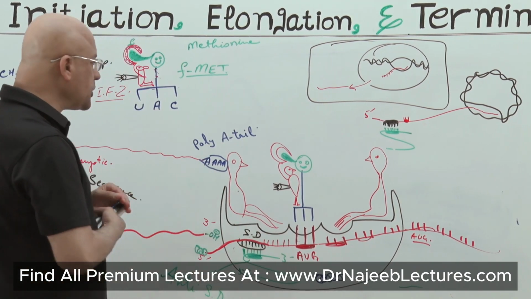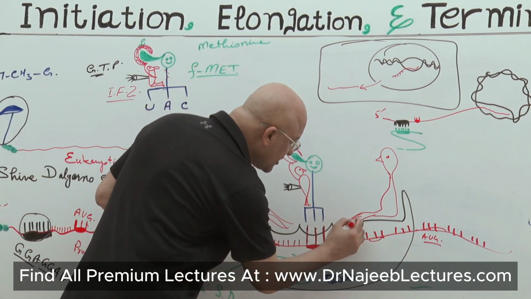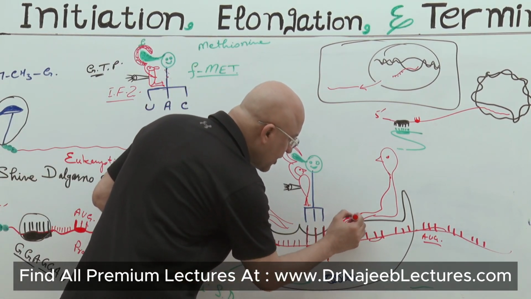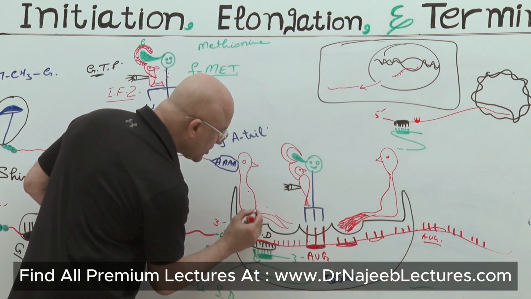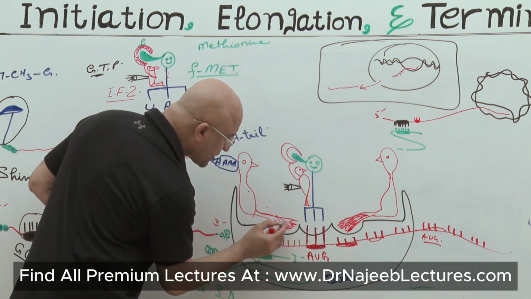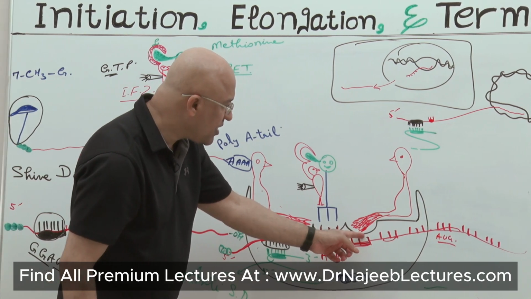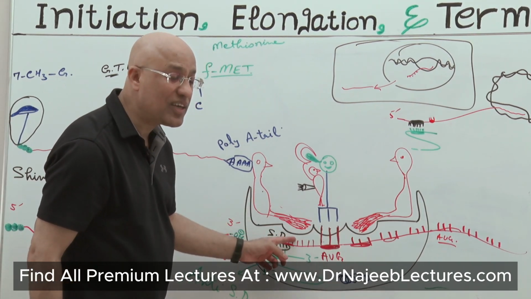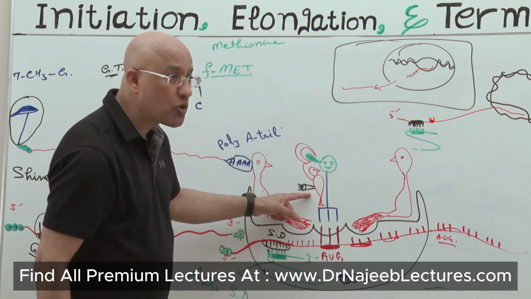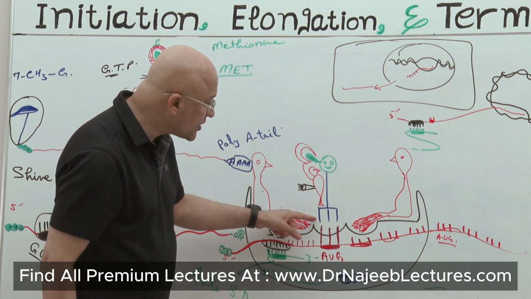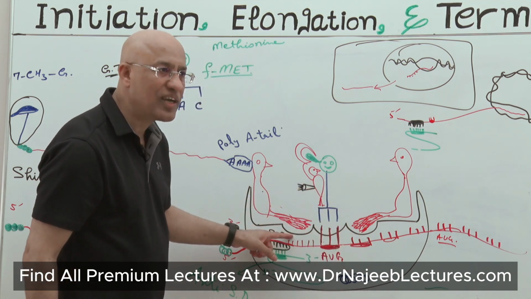Now, look at the beauty of the molecular system. These domains of IF1 and these domains of IF3 are doing one more function. They are occupying the A site and also the E site, so that initiation factor number 2 does not wrongly bring the initiator transfer RNA to the A site or to the E site.